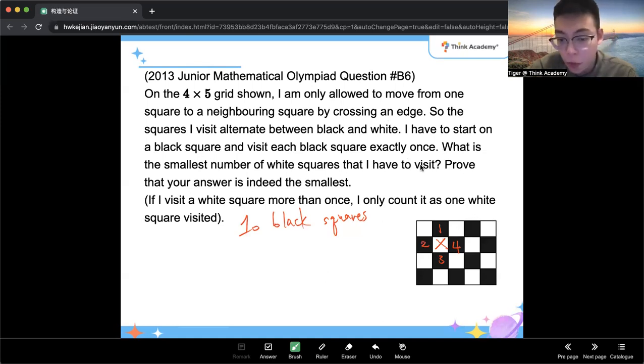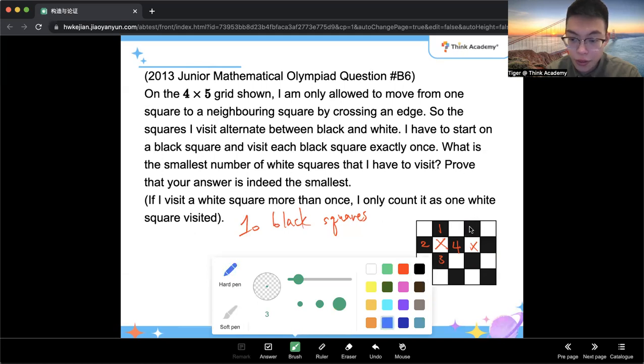Yeah, we only need 4. So if you are moving on from one white square to another white square with a connection of a black square, you can extend 3 extra, let me use another color.